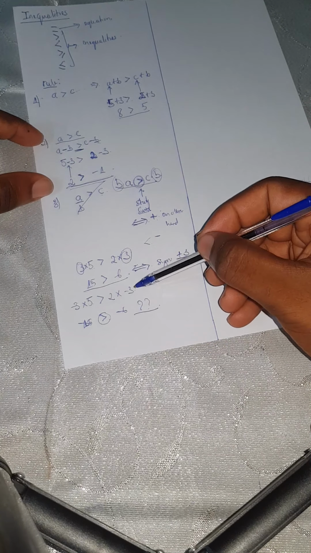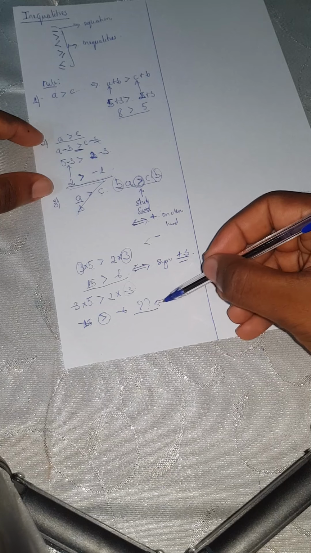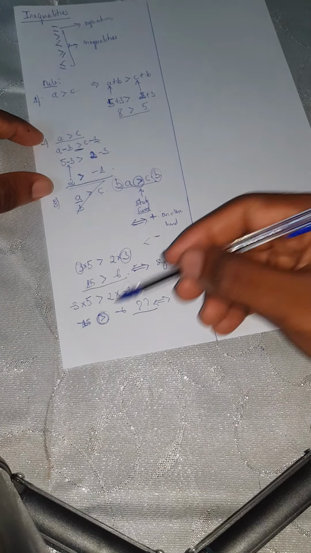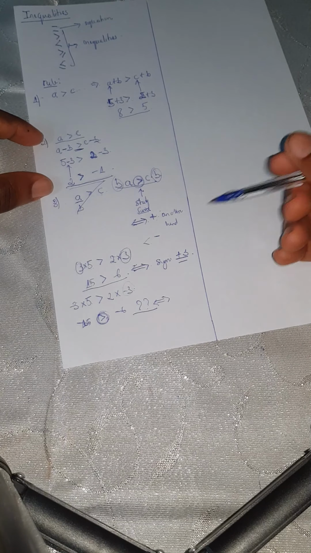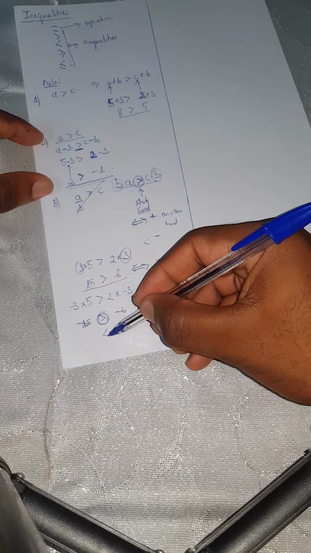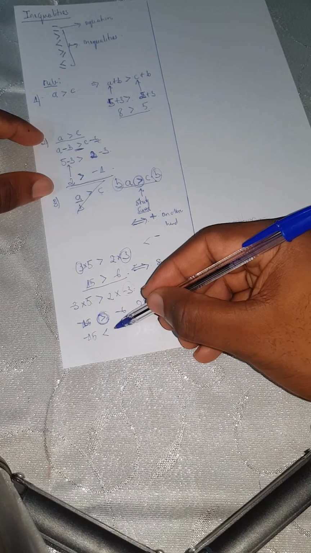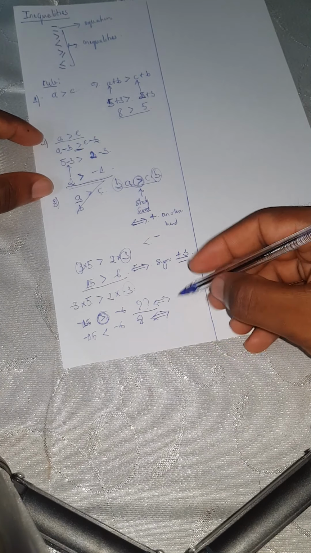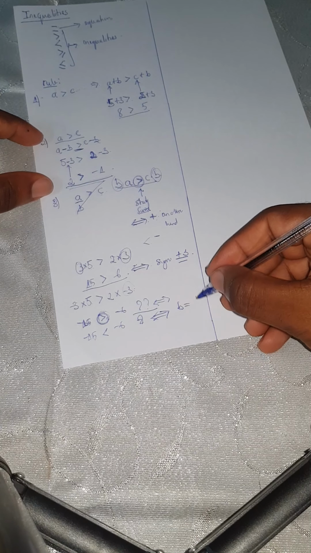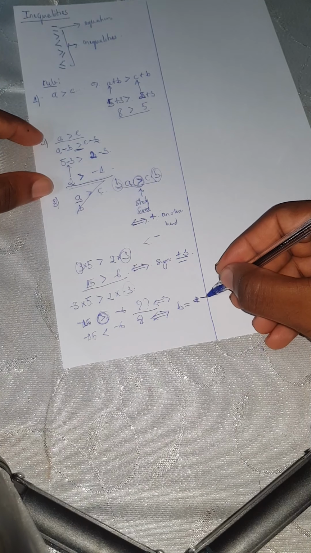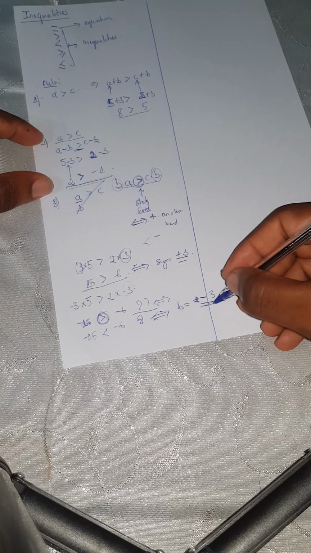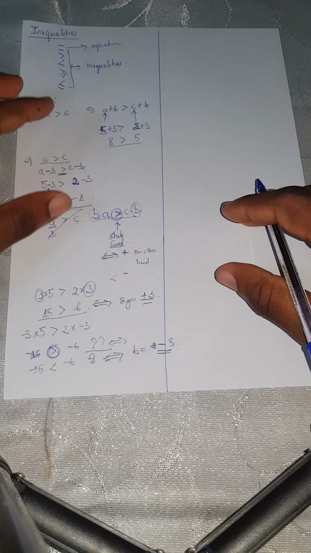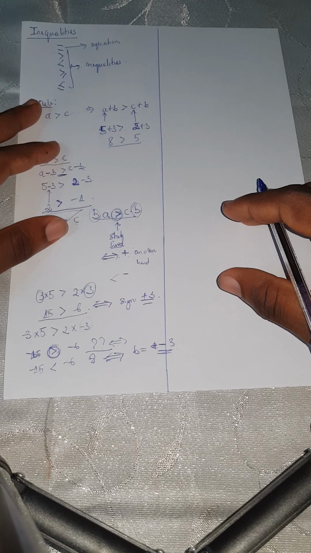So upon multiplying with a negative sign, you will change the orientation of the inequality. So the inequality in this case will become: negative 15 is less than negative 6, if and only if the B in this case is negative, negative 3. So these are the basic rules involved in inequalities.